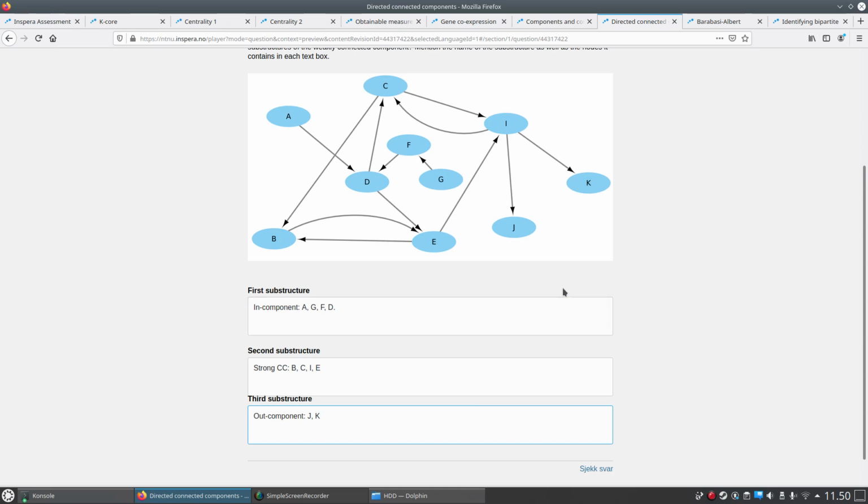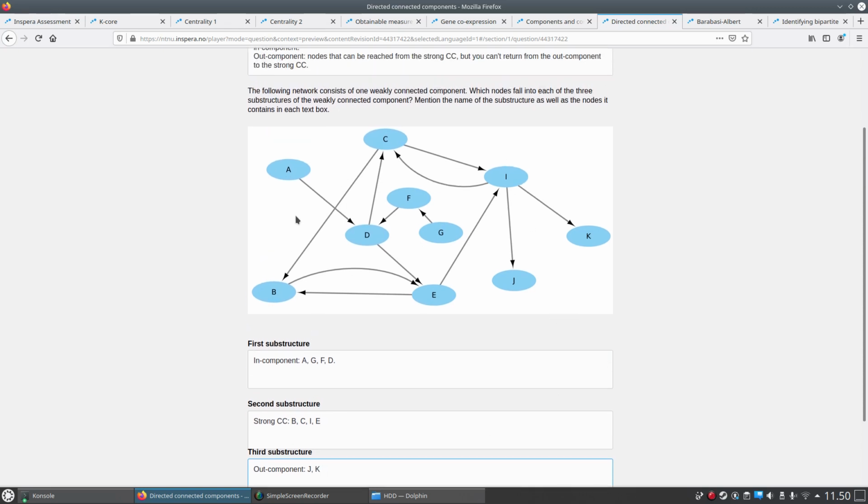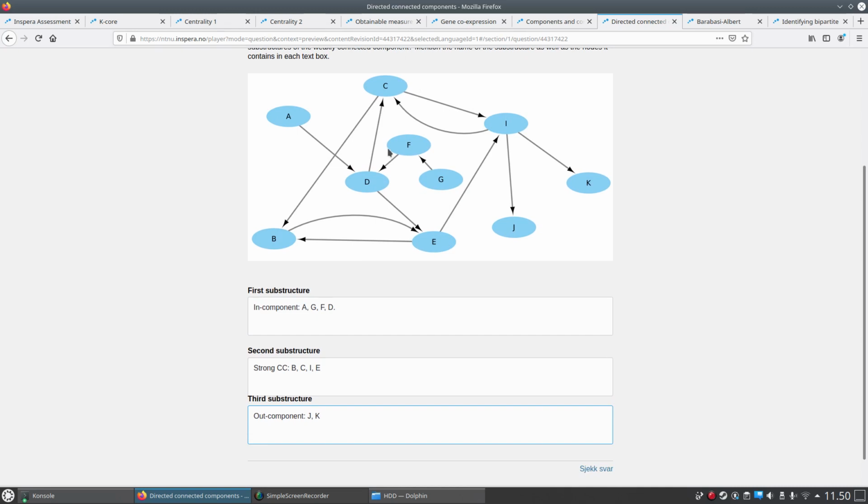And these are the three substructures in our network. We have the in component, A, F, G, and D. That is this first unidirectional segment where you lead into a strong component. The strongly connected component is C, I, E, and B. Here you can go around and around as much as you want.